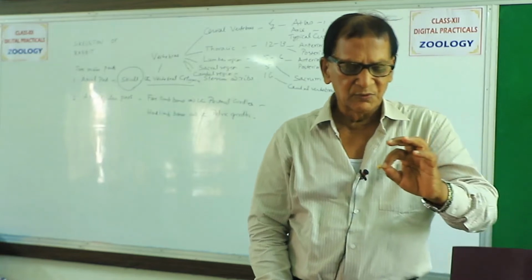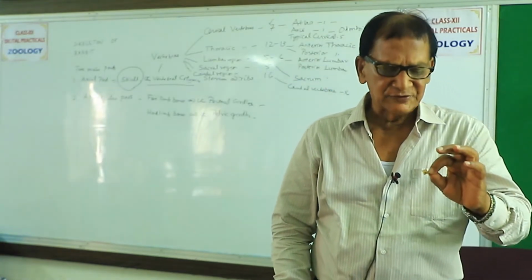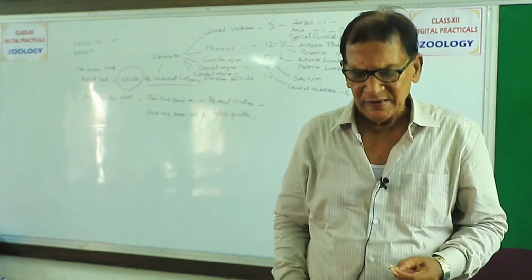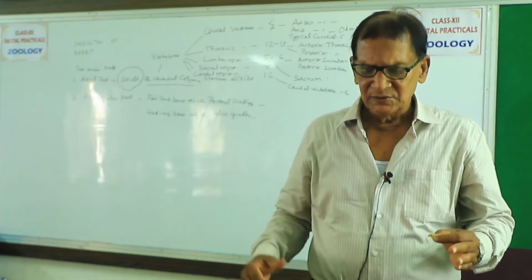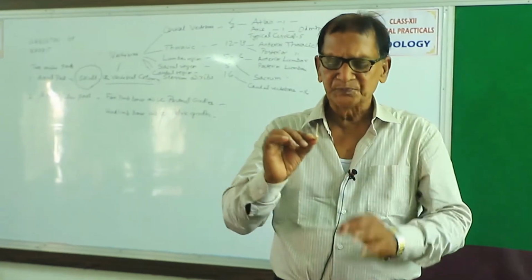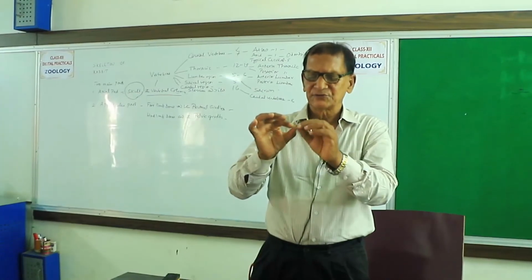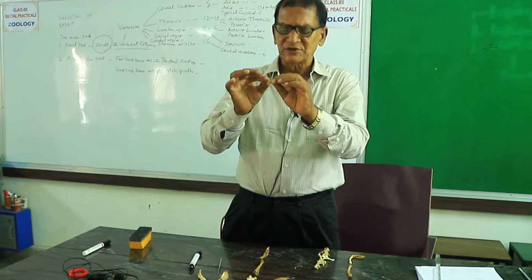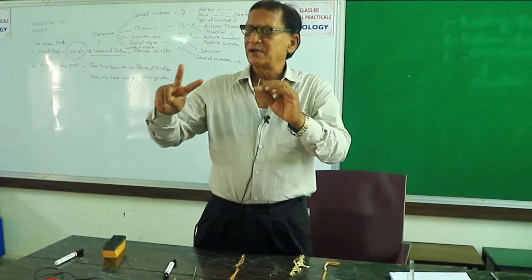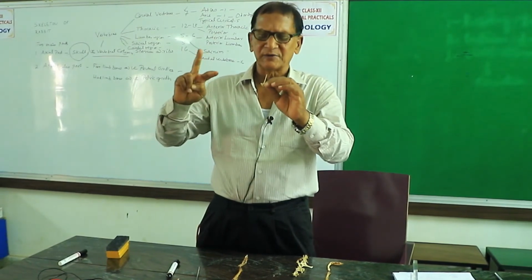Now when the rib is attached, you see the rib cage is formed by the thoracic vertebrae, and a number of ribs are attached to the thoracic vertebrae on both sides. So you see, this is the transverse process. The rib is double-headed, the tuberculum and capitulum. The two heads of the rib are called so.